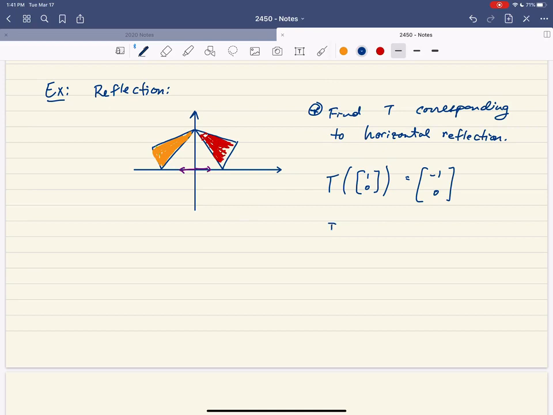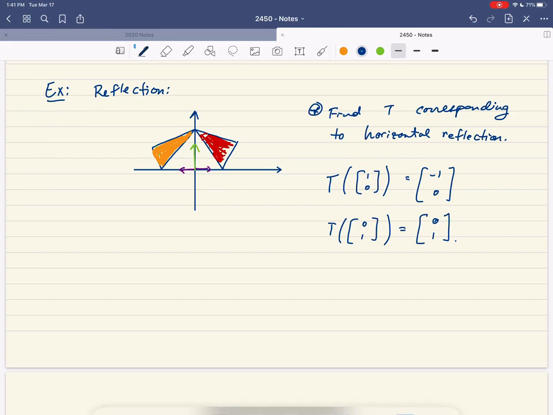The other thing we need to know is what's going to happen to the unit vector 0, 1. If we take this unit vector and reflect it over the y-axis, we get itself. So this transformation is actually going to fix that vector 0, 1.